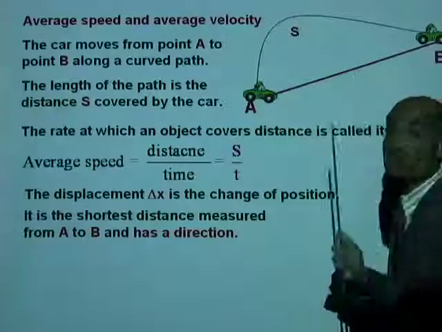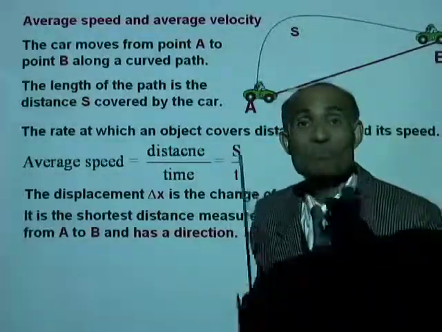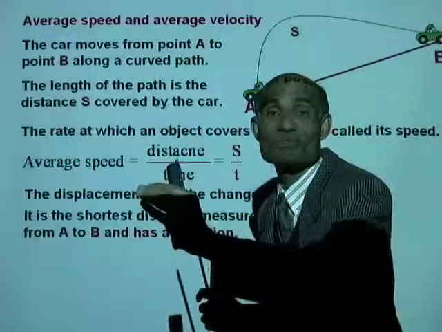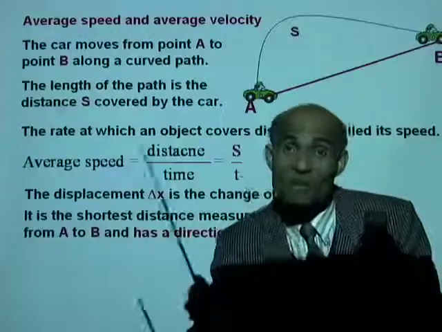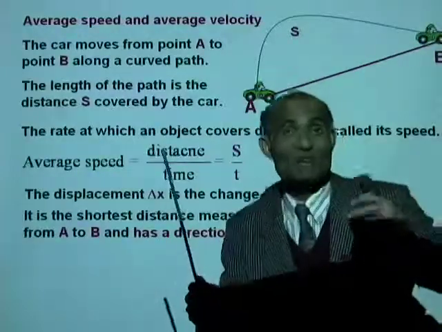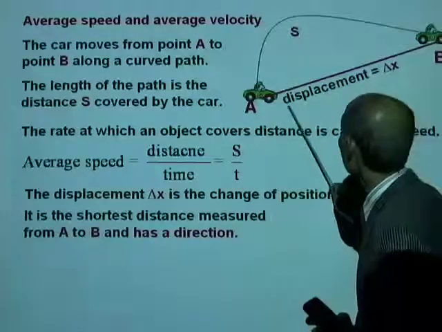Displacement is the shortest distance measured from the initial position to the final position. Now you notice that displacement has a direction from the initial position to the final position. There you are.